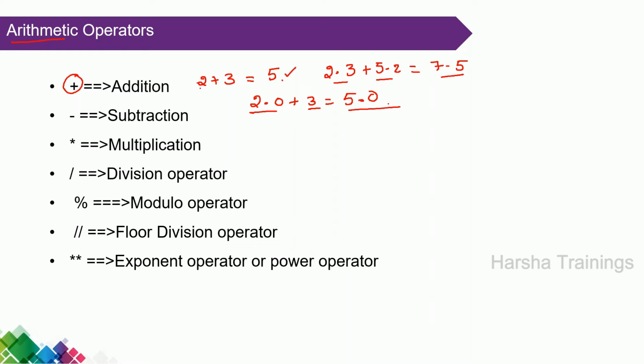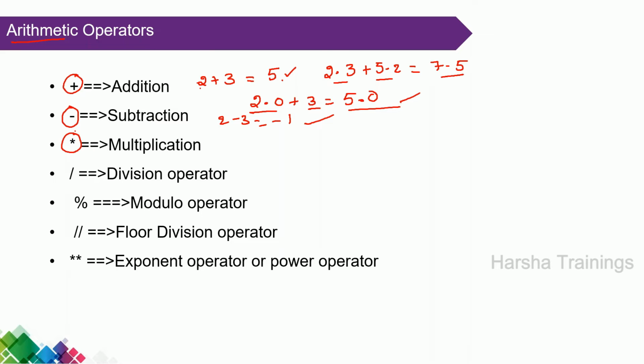Here, no need to remember every case. Whether it is real or integer, we are doing the same operation, even in mathematics. That is the addition operation. Subtraction operation: for example, 2 - 3 is equal to -1. Like that, normal mathematical subtraction is performed.